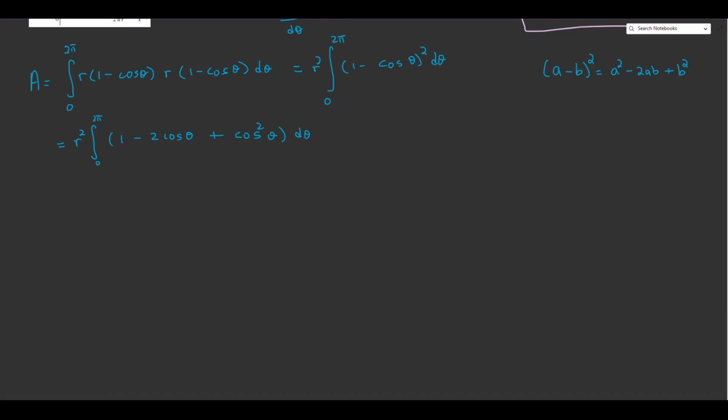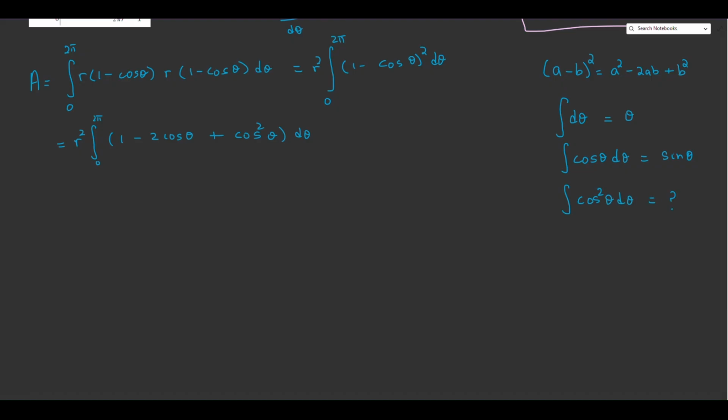The integration of the first two terms is easy. For example, the integration of d theta will be equal to theta. And what is the integration of cosine theta? The integration of cosine theta is equal to sine of theta. But the next problem is, how do we integrate this term cosine squared theta d theta?